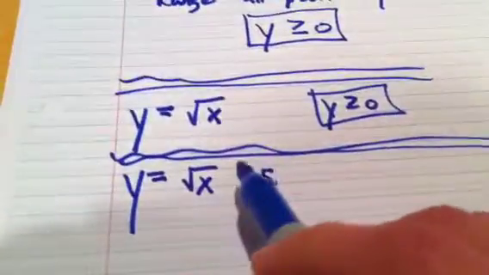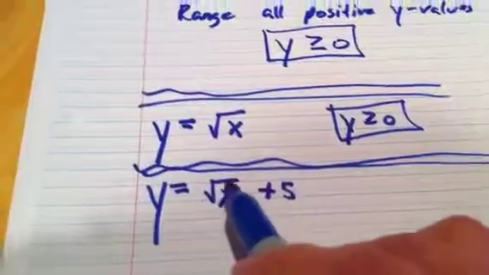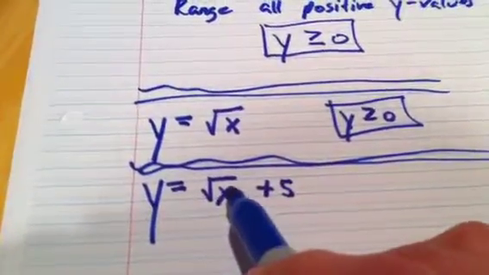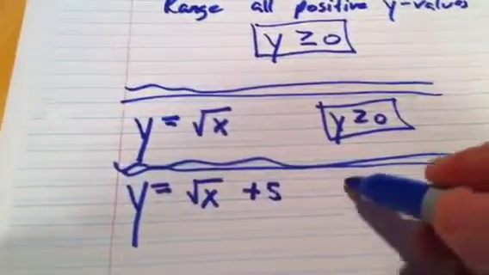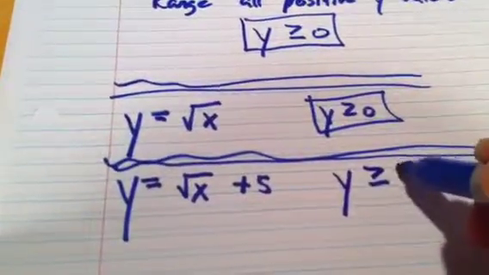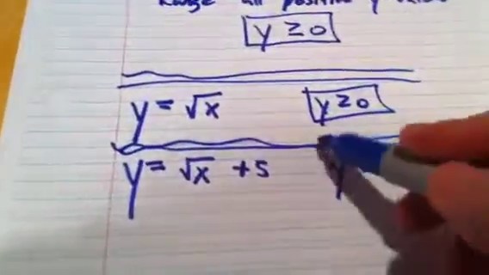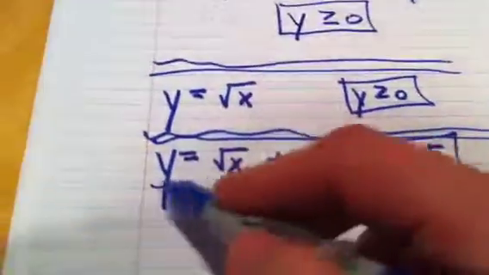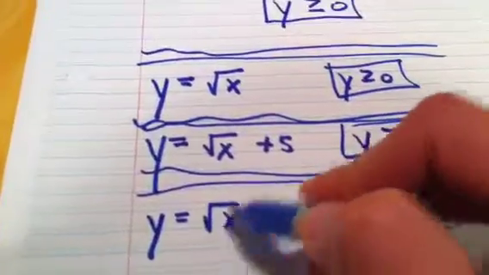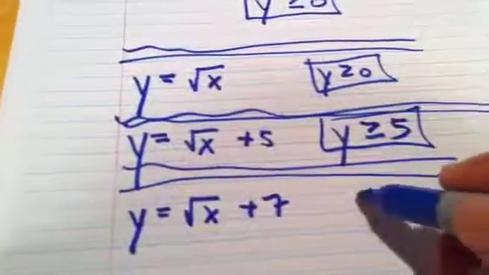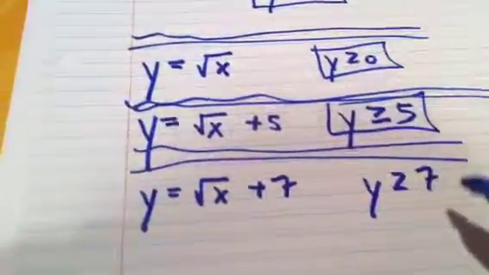Well, now the whole thing is hiked up 5. So this thing will be greater than or equal to 0, and then if you add 5 to that, y will be greater than or equal to 5 for its range. Same thing if you had y equals square root of x plus 7, y would be greater than or equal to 7.